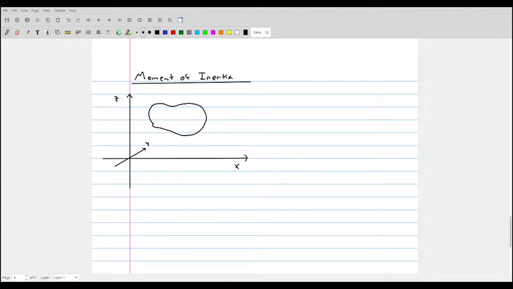So let's say we have our region omega here. And assume that for some reason we want to rotate this region omega around some line. We'll call it L.